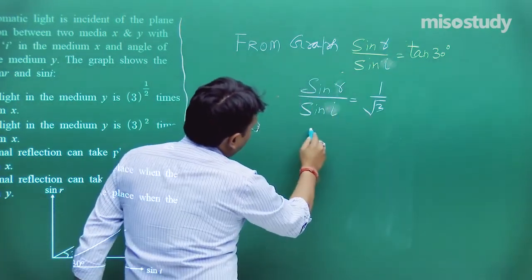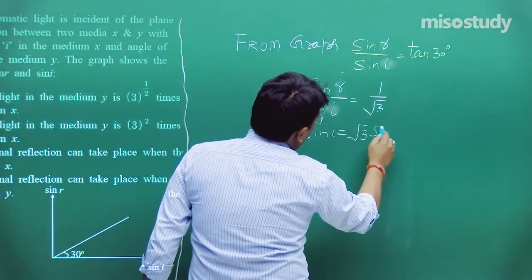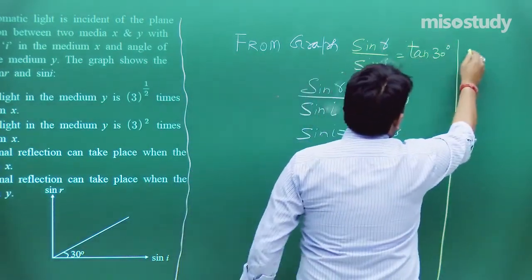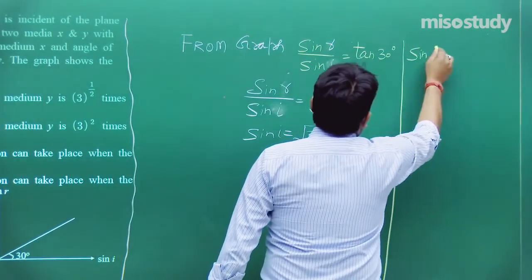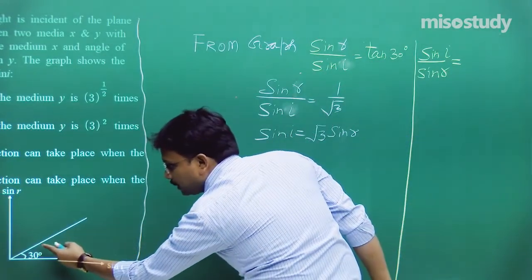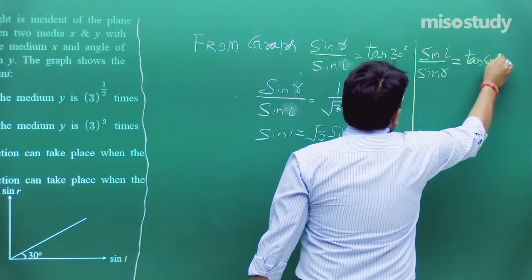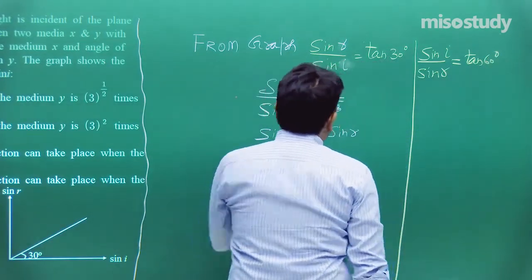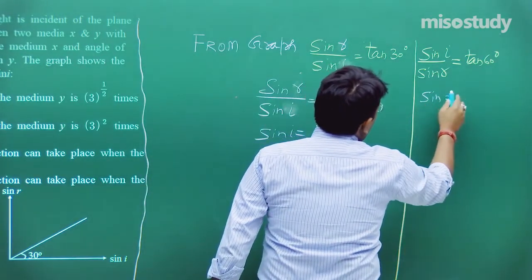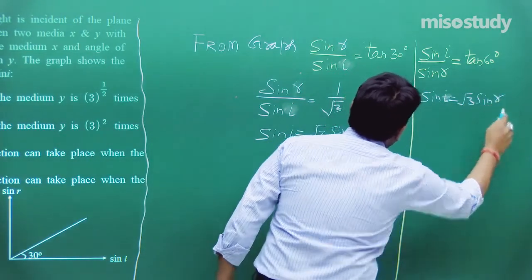So from here, sin I is equal to root 3 sin R. Earlier I mentioned sin I upon sin R, but in that case I have to take this angle, that is tan 60. So once again you get the same value, that is sin I is equal to root 3 sin R. So both ways are the same.